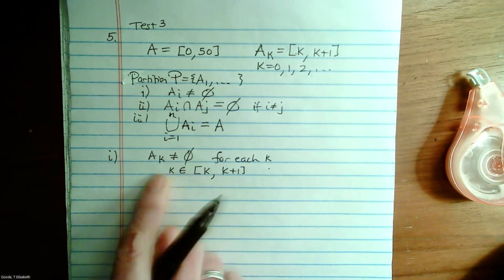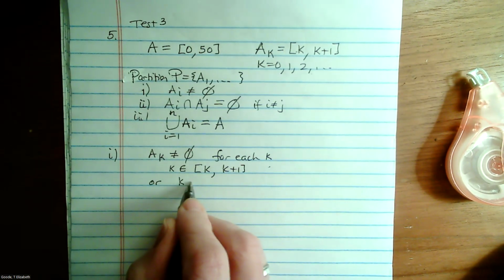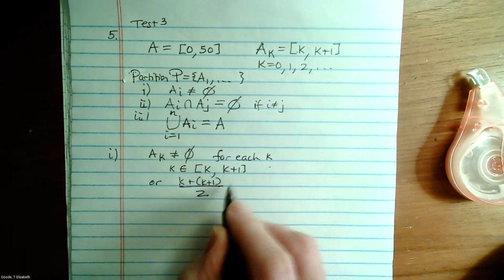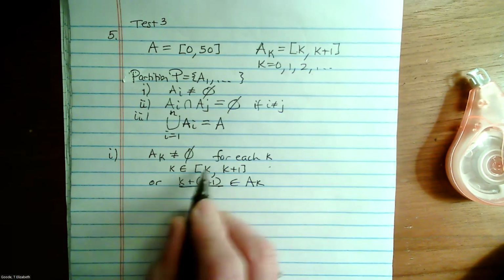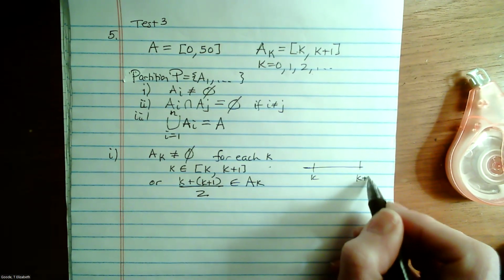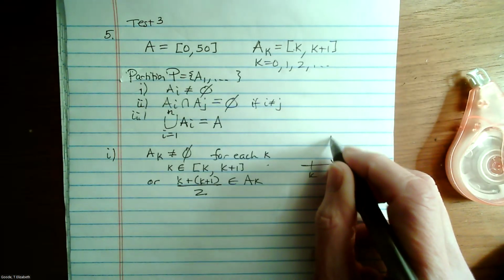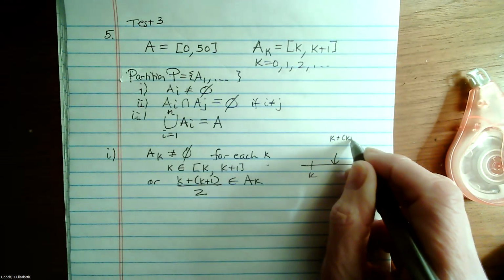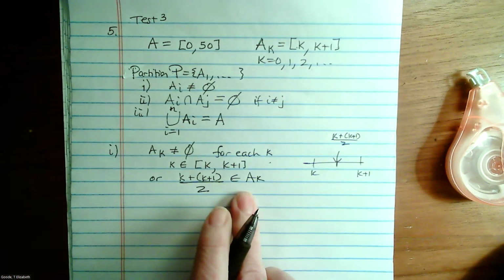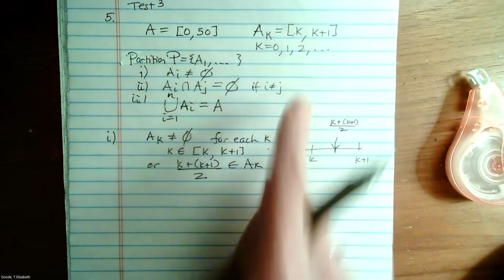I mean, it's the endpoint and it's included. Or you could think of taking the average, (k plus k plus 1) over 2. That real number is an element of A sub k, whatever's right in between k and k plus 1, because all the real numbers between k and k plus 1 are in there, including the one that's right between them. So that's another way to think about it. But the point is you had to explain, each of these has something in it.